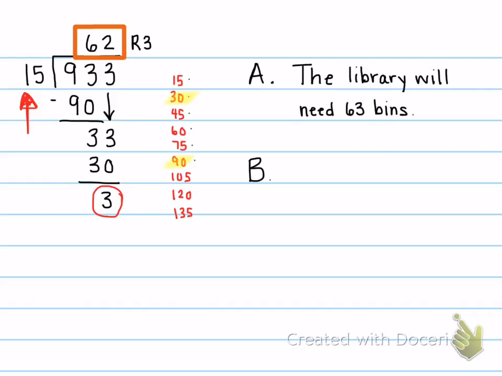So to answer B, you would say there will be 3 magazines in the partially filled bin.